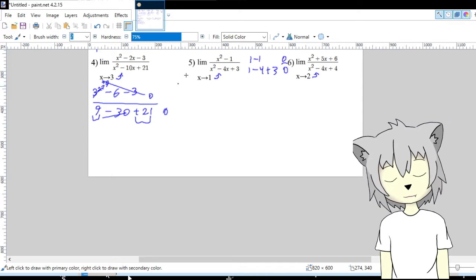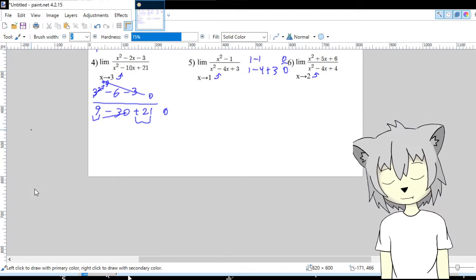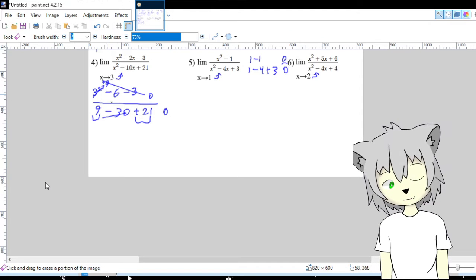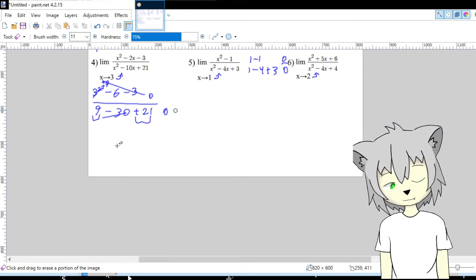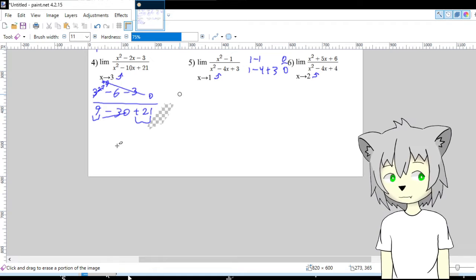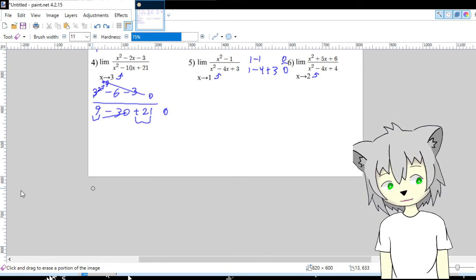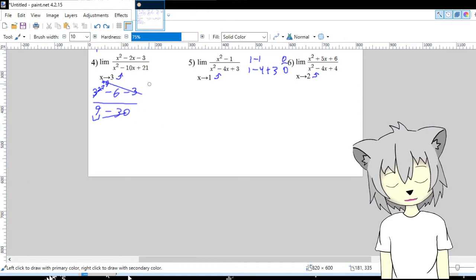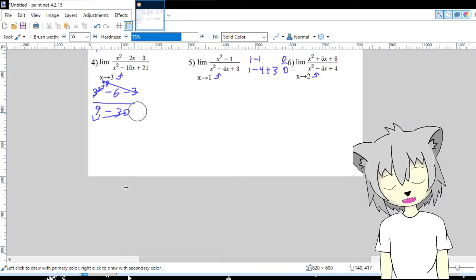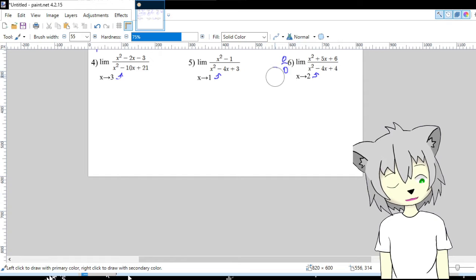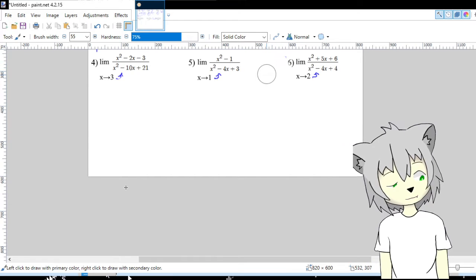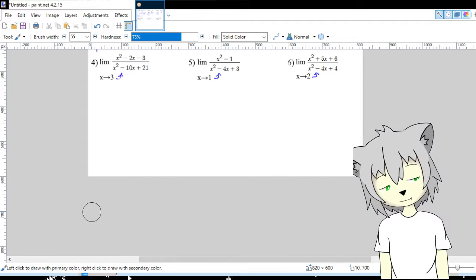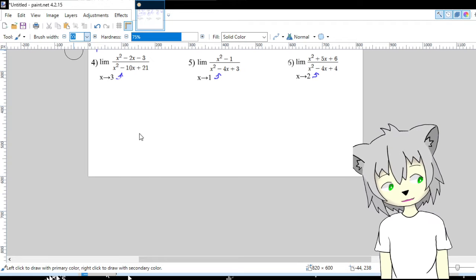The limit exists, and I guess I should probably erase that little bit there. I accidentally messed that up. Oh well, who cares?